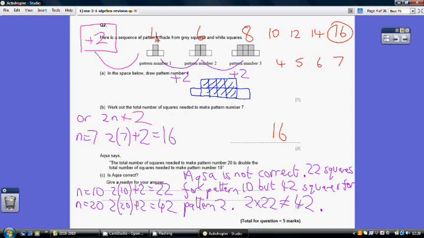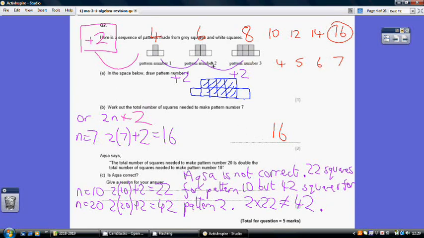So we've got 4 squares here, 6 squares here, 8 squares here, and so on. So we can see that we're going up in 2s. So pattern 4, 5, 6, 7, going up in 2s. Just by filling in the pattern, we can see that on pattern number 7 we'd have 16 squares.